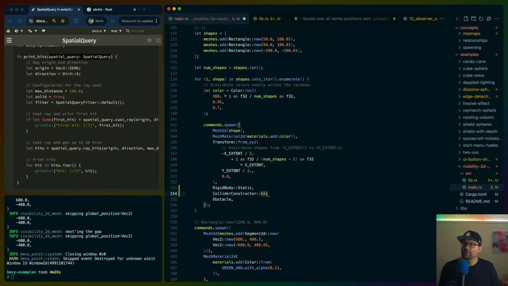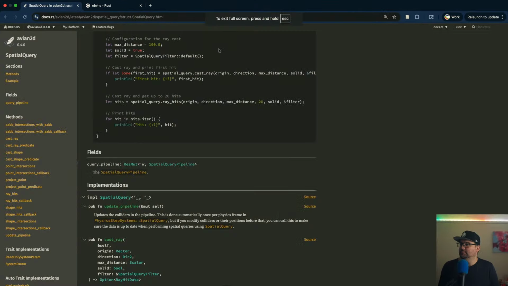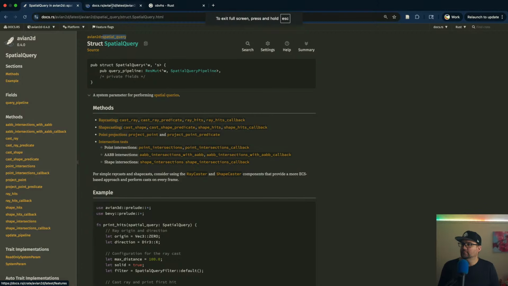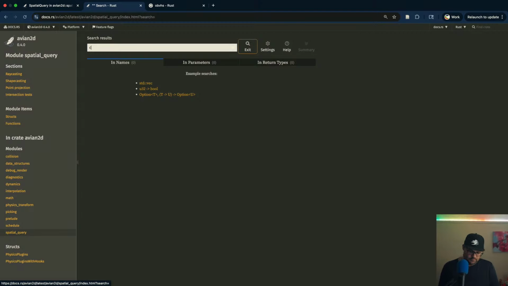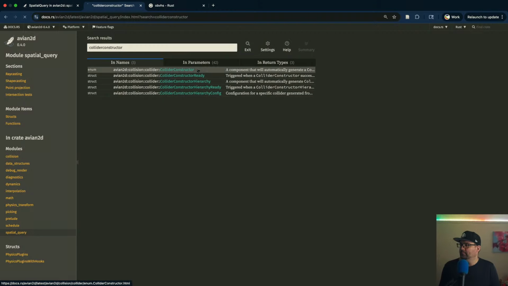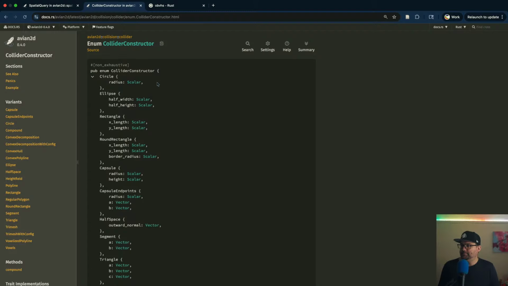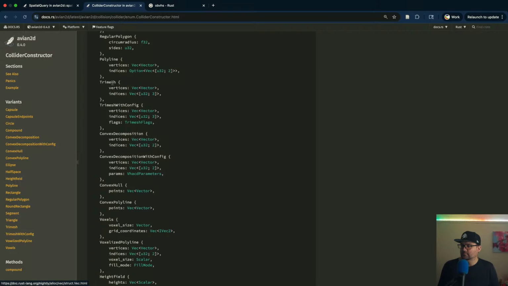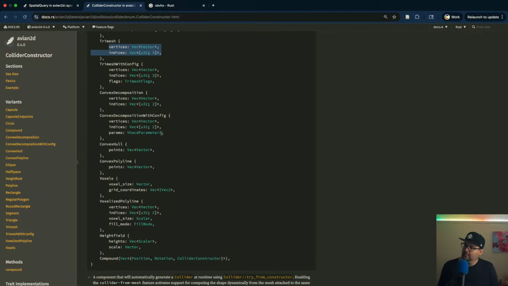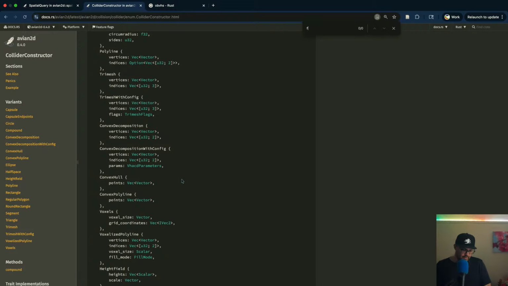Hang on, I need to check my Avian 2D understanding. Collider constructor. Trimesh. We don't have any from mesh, do we? Interesting.